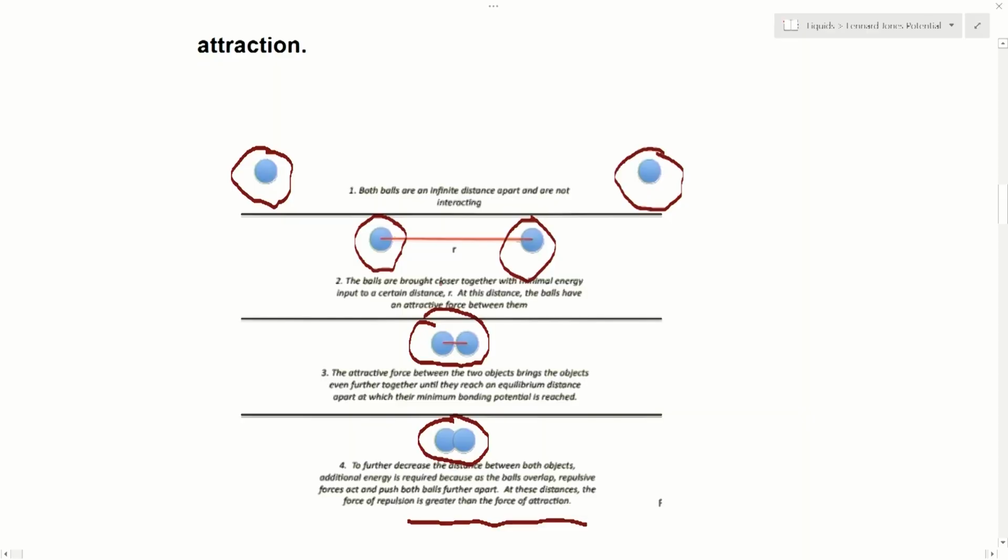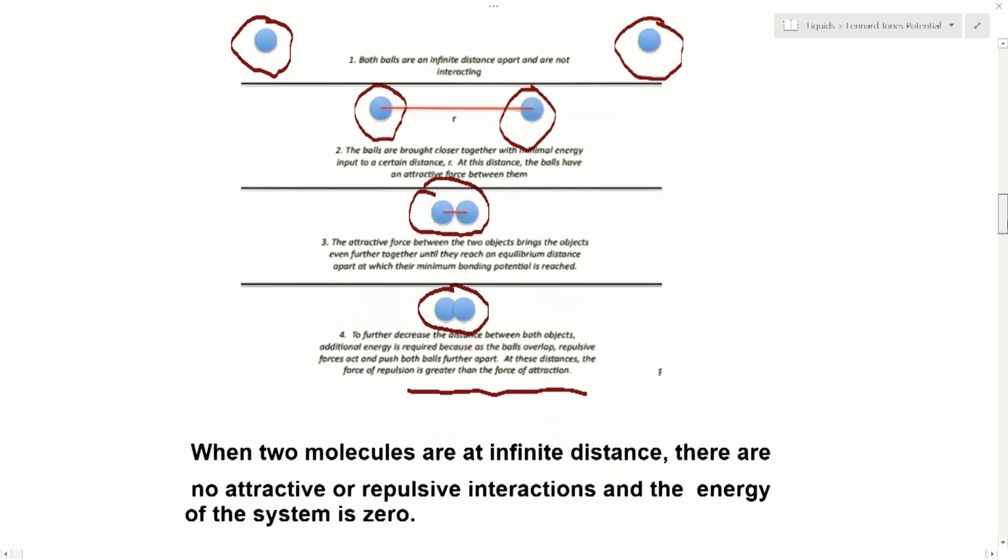There will be no force of attraction and no force of repulsion. But we allow these molecules to come closer. When they are at the distance of r, there will be a force of attraction between them. And when the molecules come a little closer, they reach an equilibrium distance and the minimum bonding potential is reached.